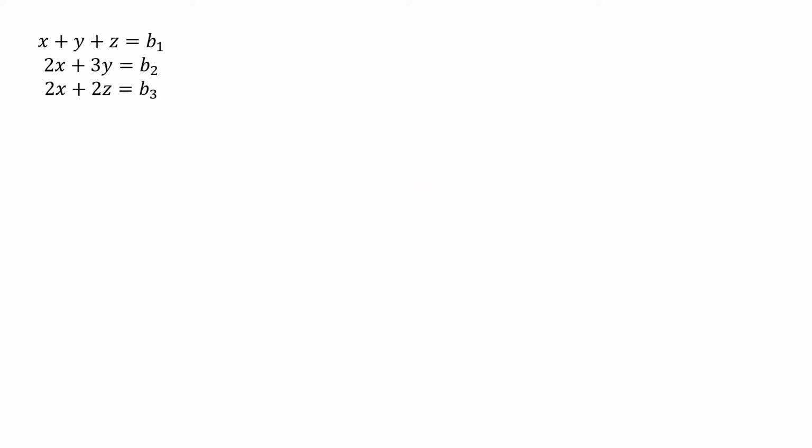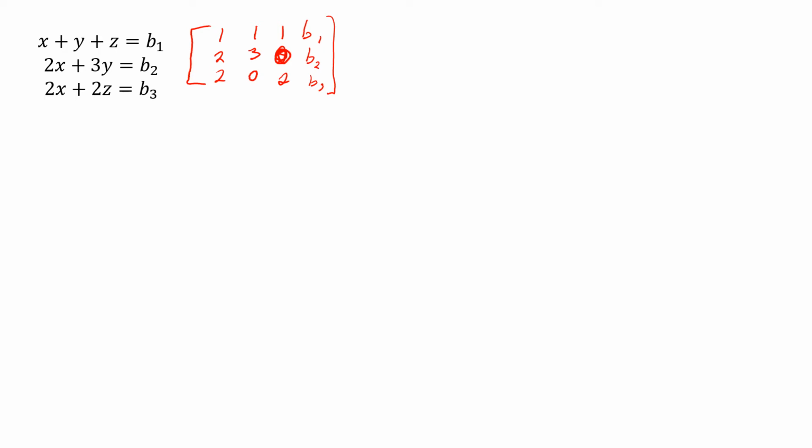The augmented matrix looks like this: 1, 2, 2, so the x column, the y column, and the z column. Oh, that's a 0, and 2z. And then the augmented column: in this case, we don't have actual numbers, but we have variables that represent numbers, b1, b2, and b3. And we're asked, can we put anything into that b1, b2, and b3 and have it come out with a solution?